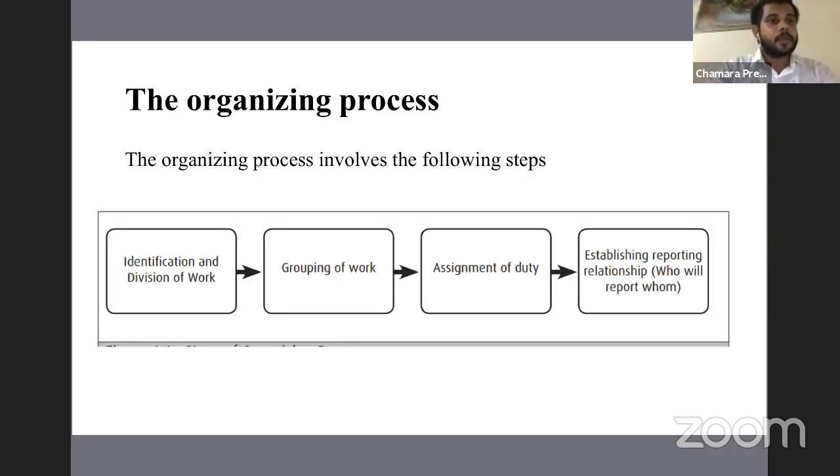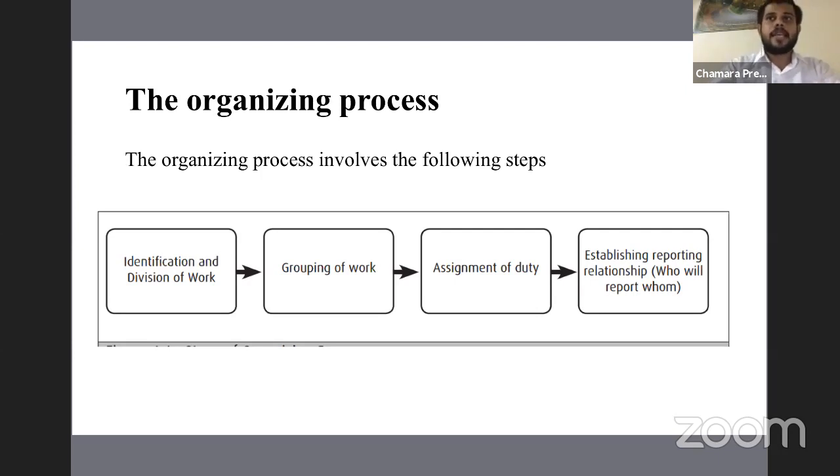Okay, so this is the process. Finally you can see establishing reporting relationships, who will report to whom, right? If I go back to this process, we have identification and division of work, grouping of work, assignment of duties, and then finally we establish the reporting relationship.